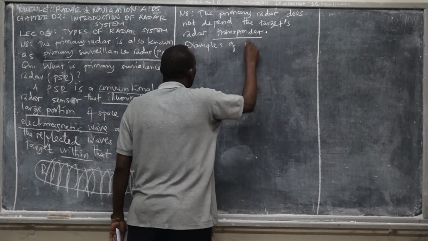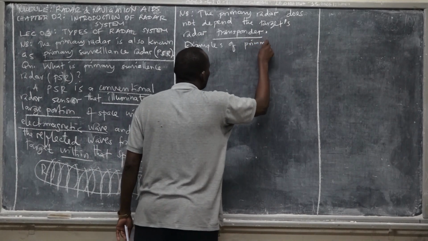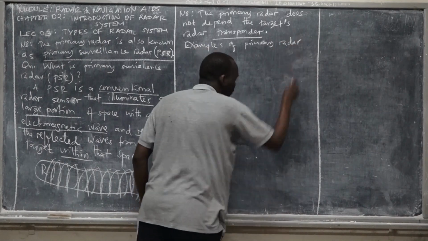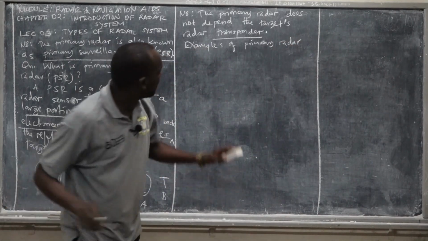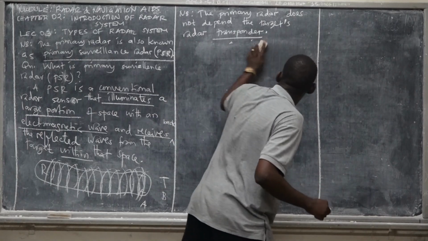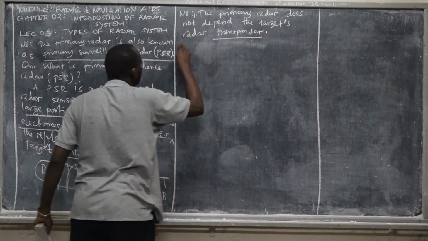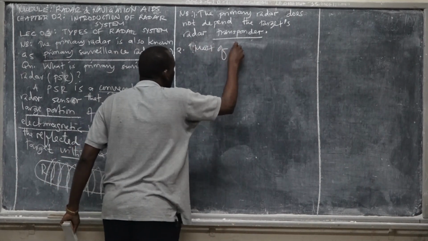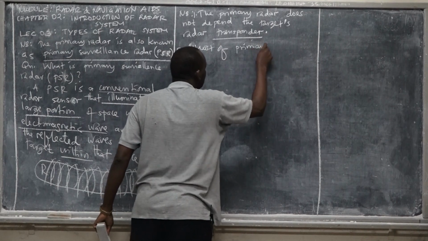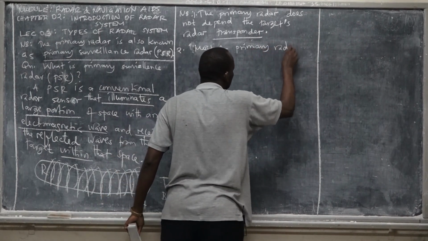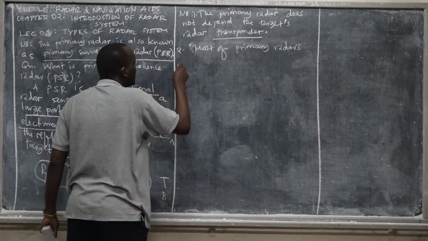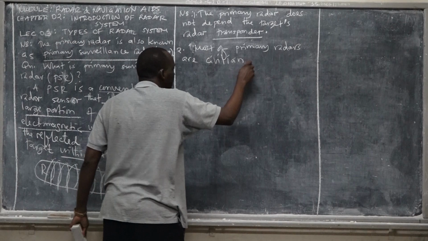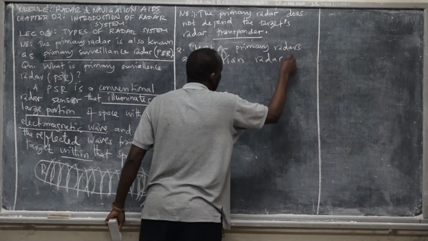Before the examples of primary radar, let me write the second point to note. We say that most primary radars are civilian radars.